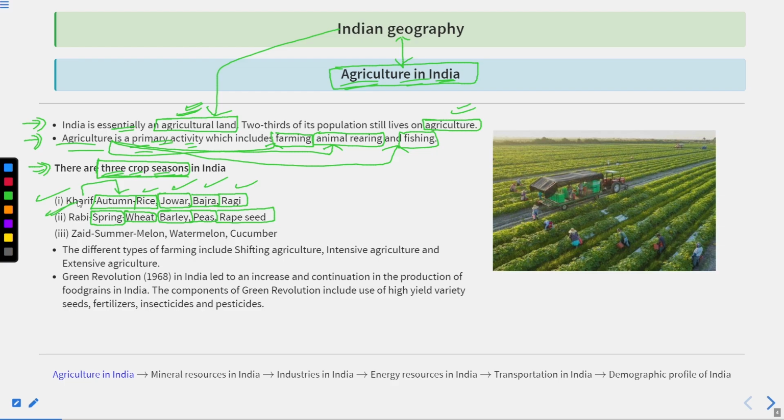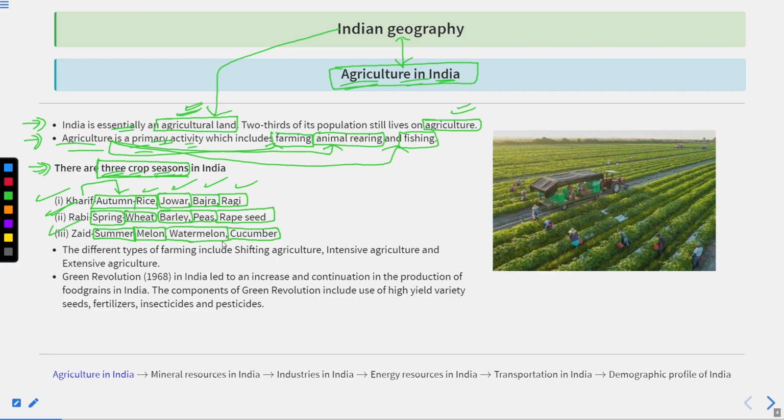Okay, Zaid crops. So basically, Zaid we perform in the summer season, where we grow crops like melon, watermelon, and cucumber.